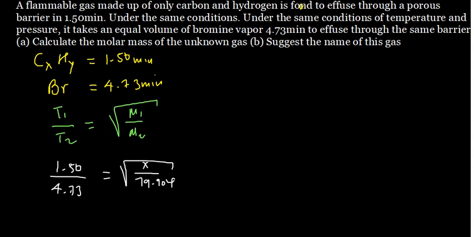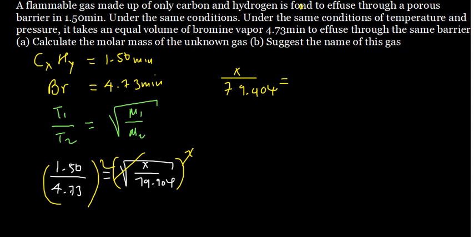So we should be able to find the value of x. To find the value of x, I'm going to square this side, and I'm also going to square this side to remove the square root. So I'm going to have x divided by 79.904 equal to, we're going to punch this on the calculator, 1.5 divided by 4.73, and then we square the value.